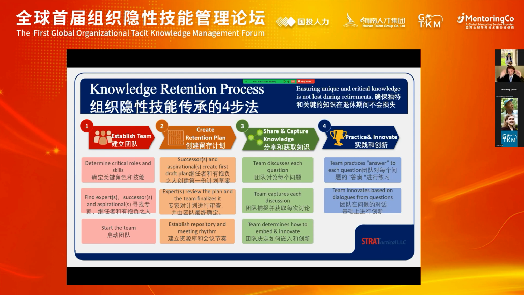You know, in the bigger field of knowledge management, right now we're sort of in a subfield of knowledge transfer, knowledge retention. In the bigger field of knowledge management, we like to talk about people and process and technology. Technology enables process, process enables people.